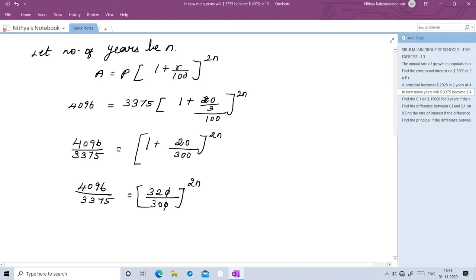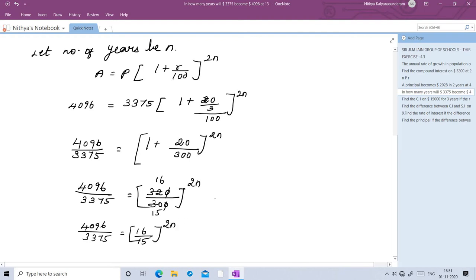The zeros we can cancel: 2 sixteens are 16, 15s are 16 by 15. So 4096 by 3375 is equal to 16 by 15 whole power 2n.